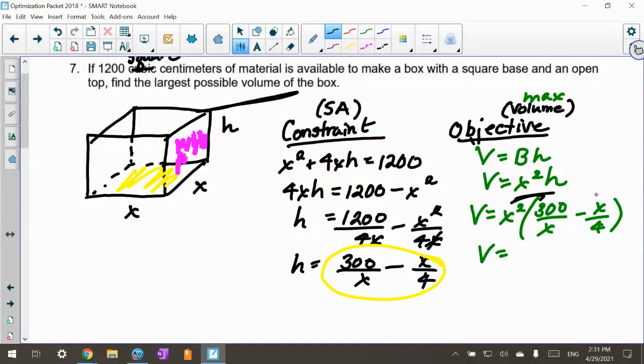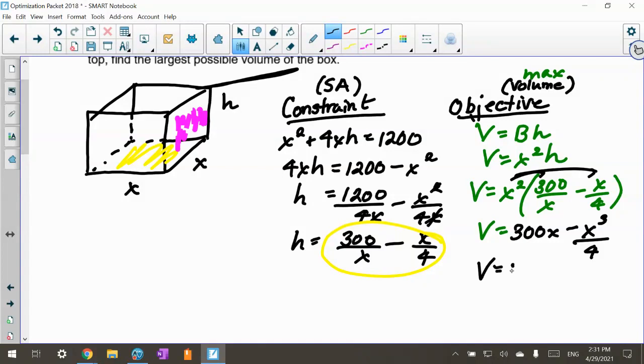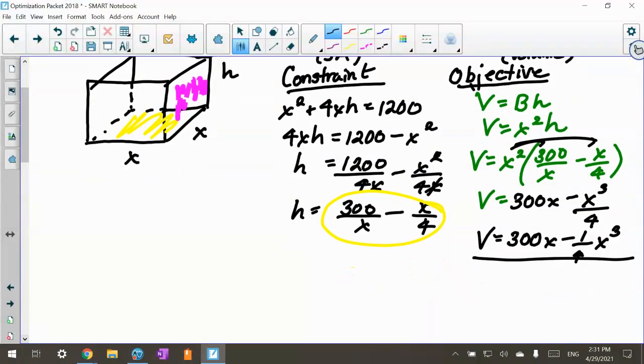I end up with 300x, because this will cancel out and leave 1 there, minus x cubed over 4. Sorry. There we go, there's my volume equation. I'm going to write it like this, and I think you'll see why in a minute: 300x minus 1/4 x cubed. So there's my volume equation, all in one variable, and it has our constraint already in there because we put it in by plugging it in the h spot.